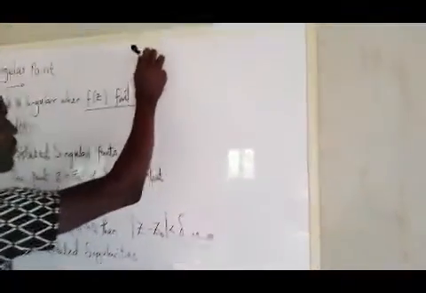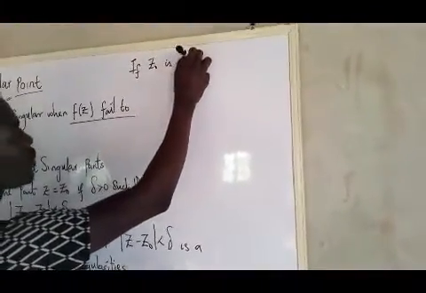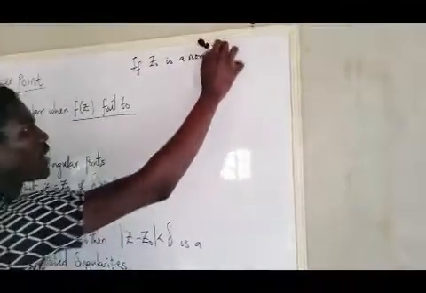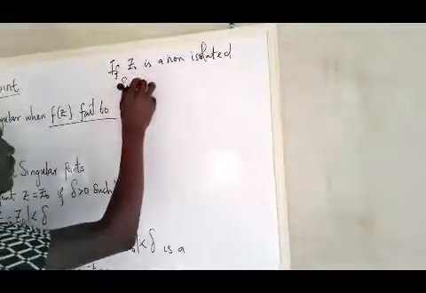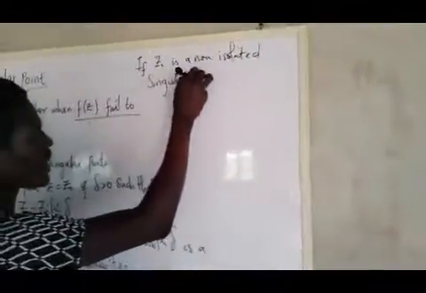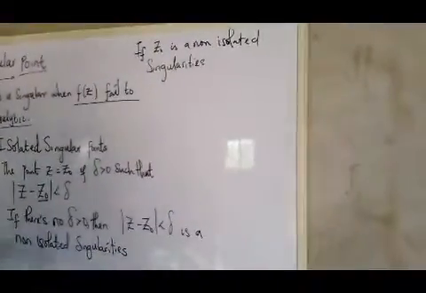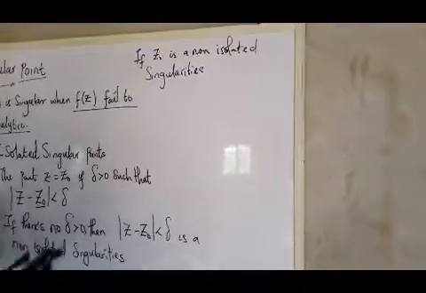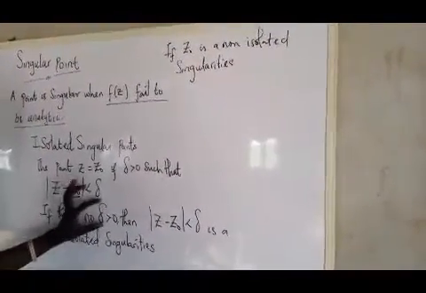Now, if z naught is a non-isolated singularity, don't worry, the word singularity and singular points are the same. If z naught is a non-isolated singularity, it means that there is no delta.